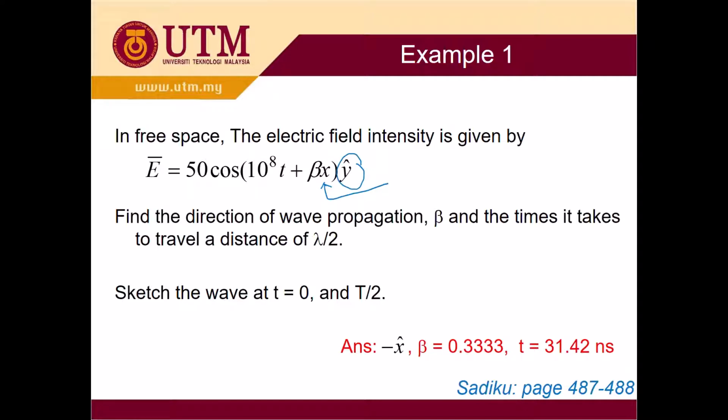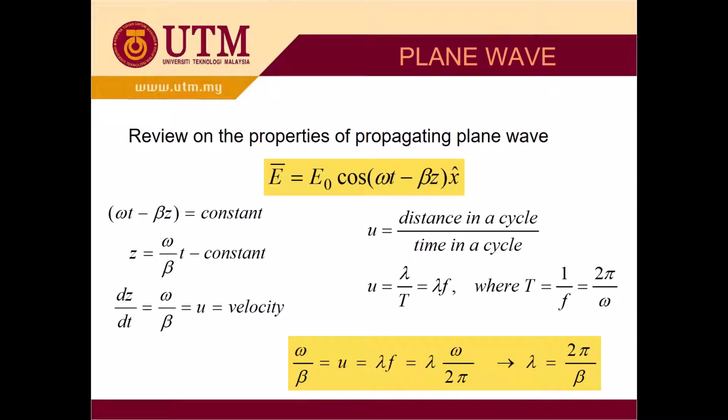Right, so here, find the direction of wave propagation, beta. We have to compare with the standard formula. This is a standard formula: E equal to E naught, which is the amplitude, times cos(omega t minus beta z).